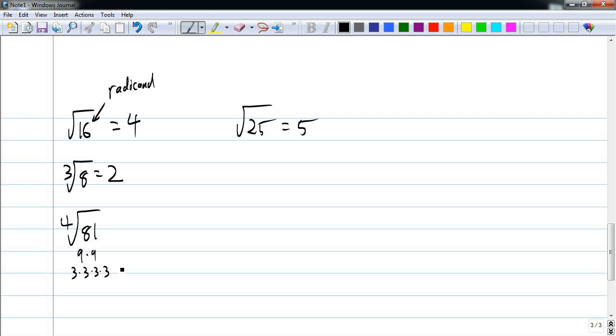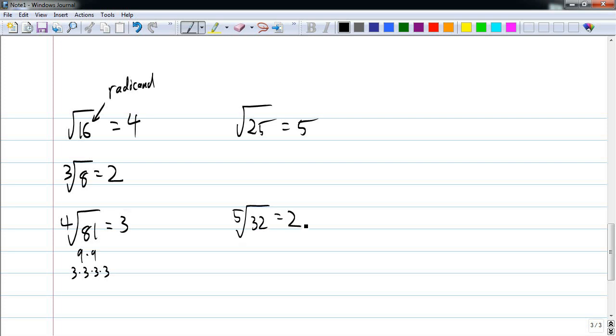So 81 is actually 3 multiplied with itself 4 times. So the fourth root of 81 is 3. Take a stab at the fifth root of 32. Ask yourself, what number multiplied with itself 5 times equals 32? And the answer is 2.